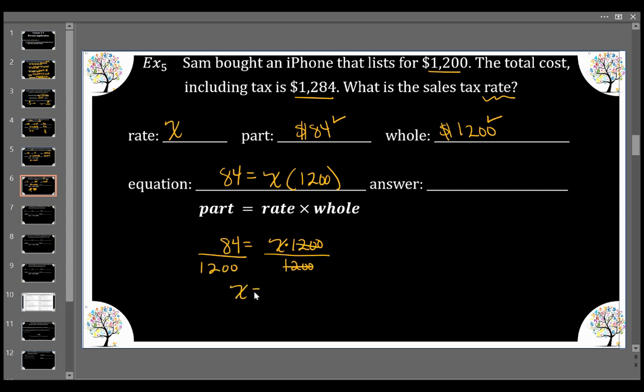When we do this, we get 0.07. And as I write my answer, I'm simply going to write it as a percentage. So $84 is 7% of 1200.